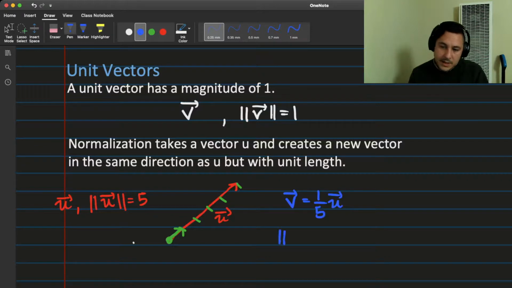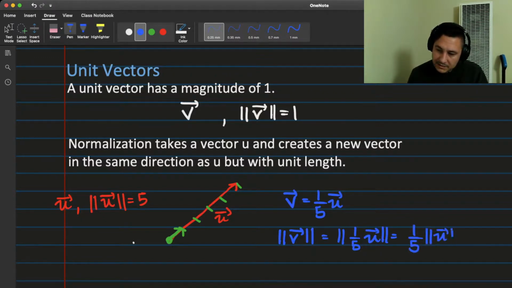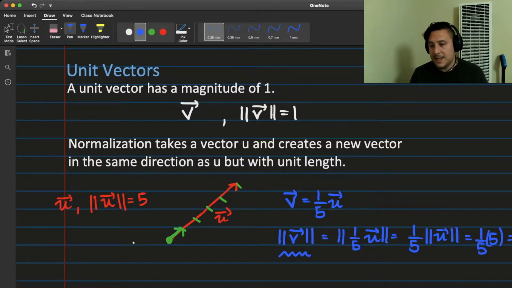Now when we go and calculate the length of v, we're going to get the length of 1/5 of u. The 1/5 can be factored out. The length of u is 5. And what's 1/5 of 5? Well, that would be 1. V has a length of 1 and is in the same direction as u.